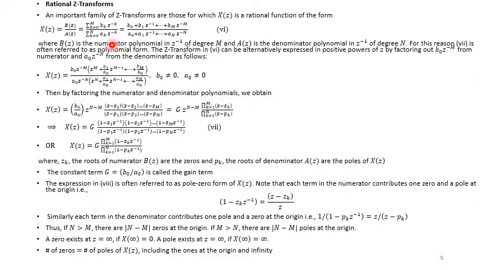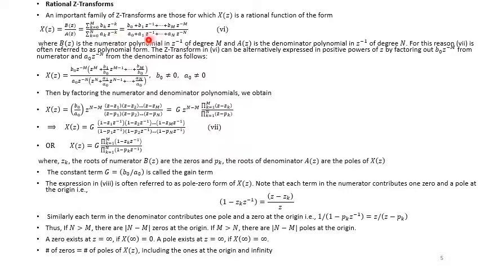It's a very thickly populated slide, but we'll go quickly through it. I hope that's quite straightforward, the rational Z transform. We can represent the rational function in the form X of z equals B of z over A of z. For example, for k running from 0 up to M for the numerator, and for the denominator k running from 0 up to N, with coefficients a_k and b_k, z to the power minus k.